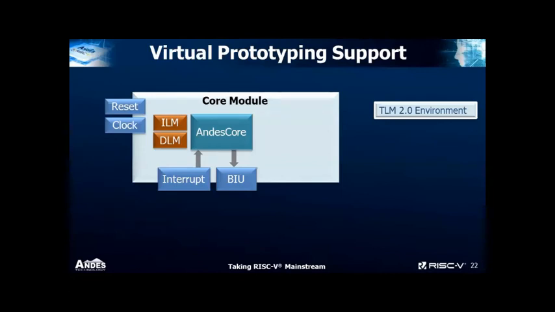We also provide System C environment, which support TLM 2.0 for designer to prototype their system. We provide a system CPU module library that include baseline CPU, GDB server, local memory, interface, and so on.